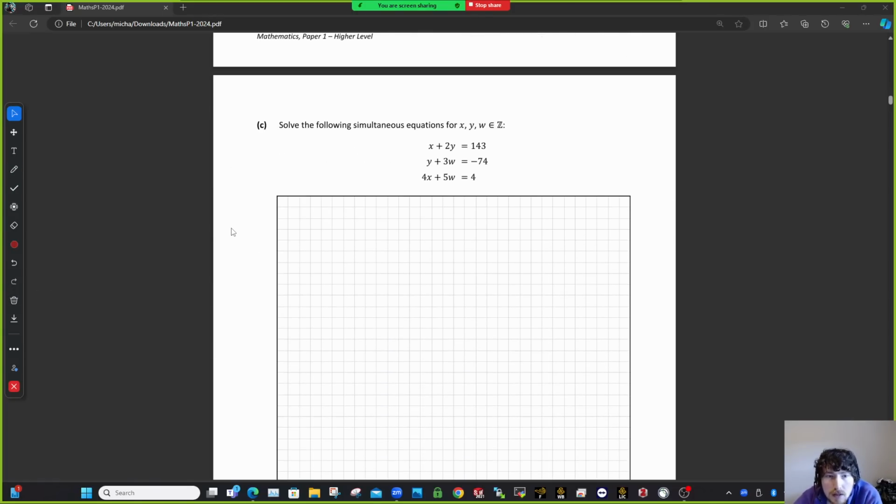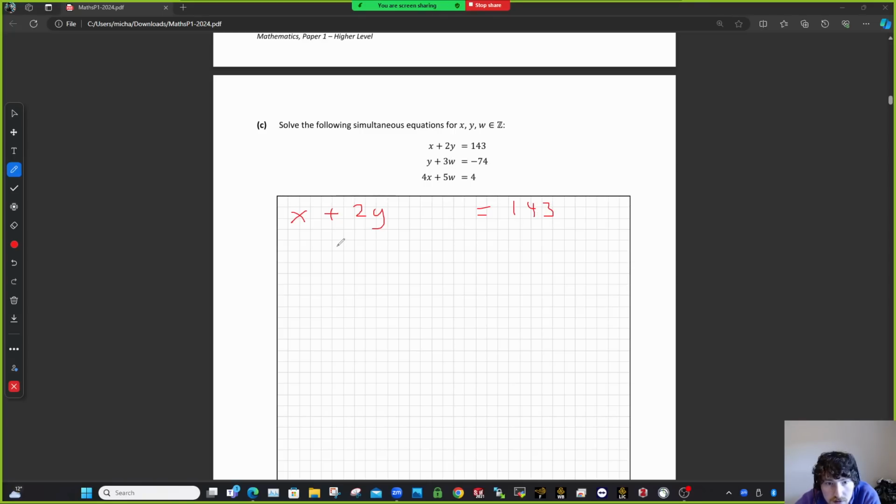Moving along. This is an easy enough simultaneous equation, you just have to spot the right thing to do. If you get rid of y in the first two, then you have two equations with x and w in it. So the best way to do this, maybe multiply the second one by minus 2. The top one stays the same, 2y, equals 143.